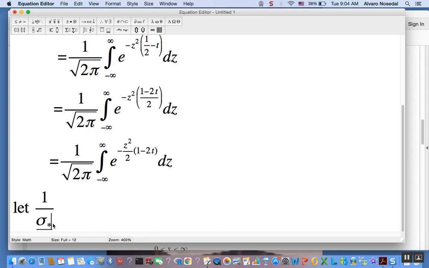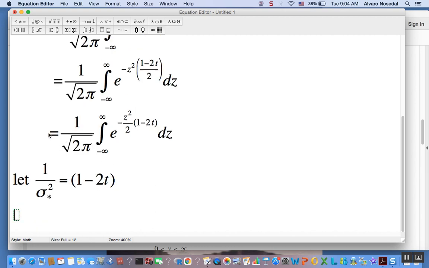Let me do it like this. So I'm going to be using sigma star squared to refer to the particular value that we have in this case. So if we let that quantity 1 minus 2 times t be 1 over sigma star squared, right? Then what we have is this.